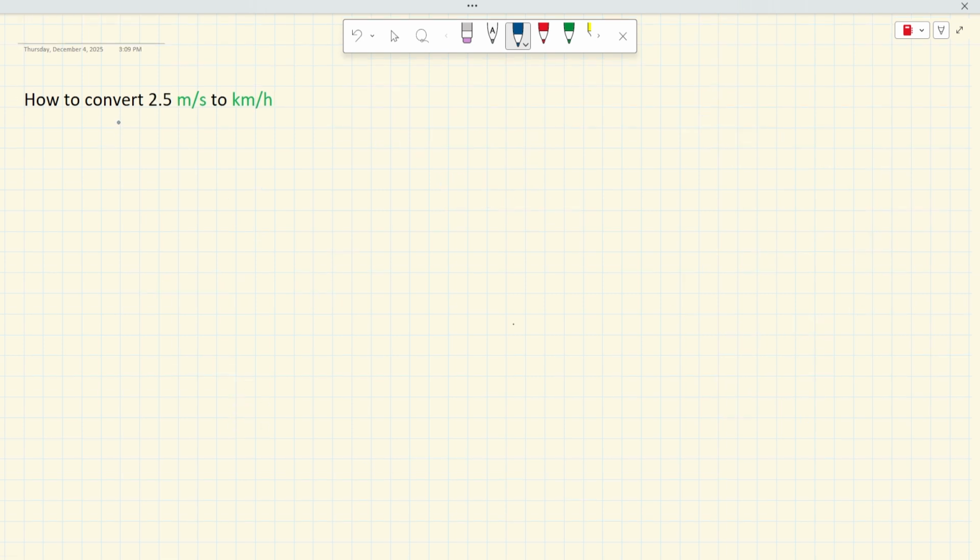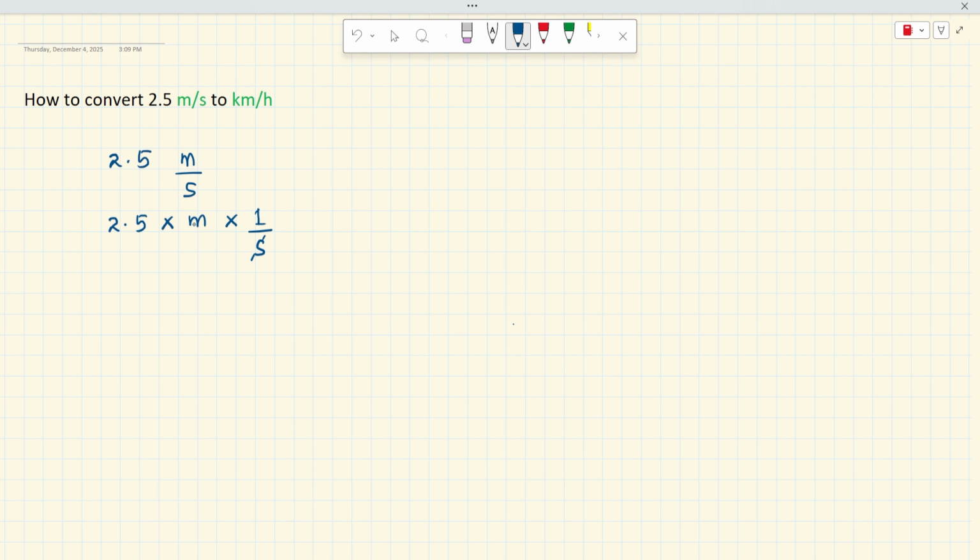So here we are given to convert 2.5 meters per second to kilometers per hour. I write 2.5 meters per second. I can write meters over seconds. Then I'm going to separate meters and seconds like this way. 2.5 times, here numerator meter, so I write m, times, here denominator s, this can be written as 1 over s.